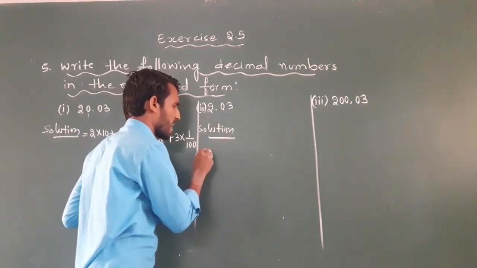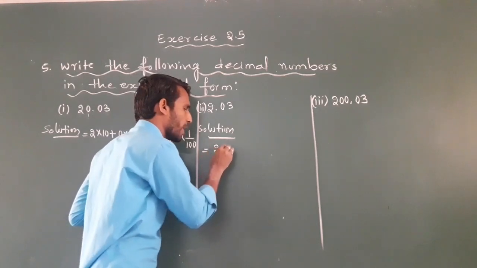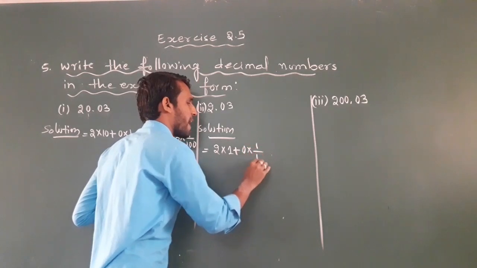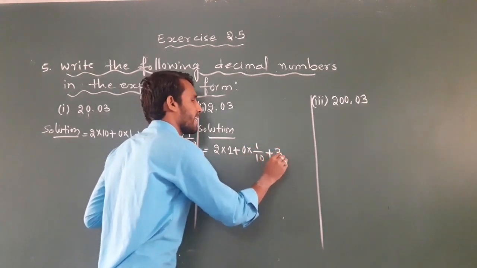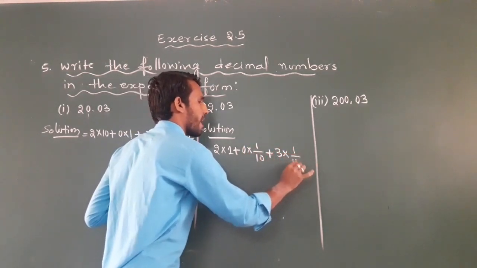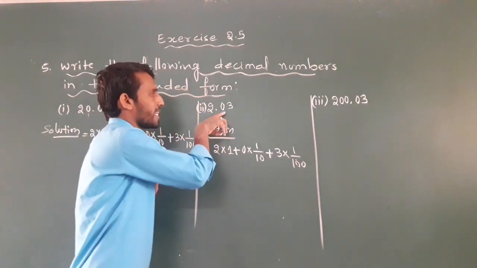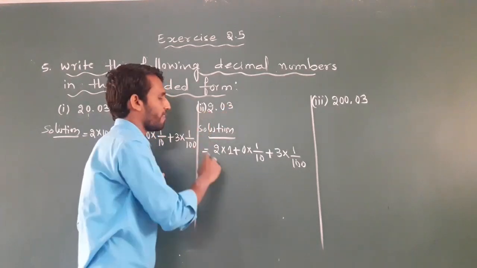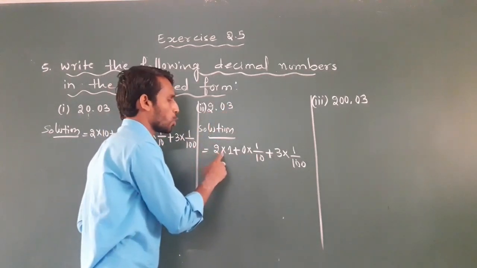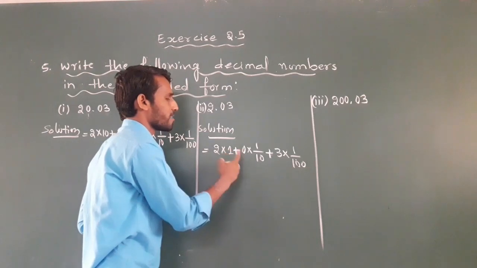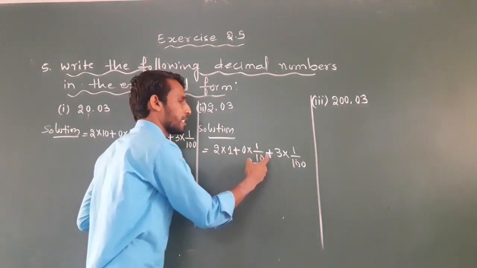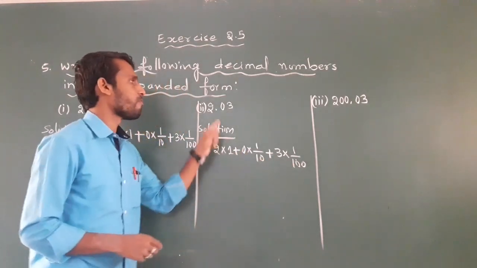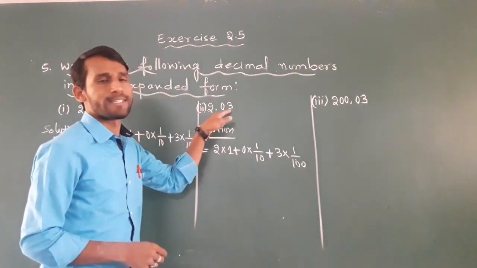So we get 2 into 1 plus 0 into 1 by 10 plus 3 into 1 by 100. This is the expanded form for decimal number 2.03.